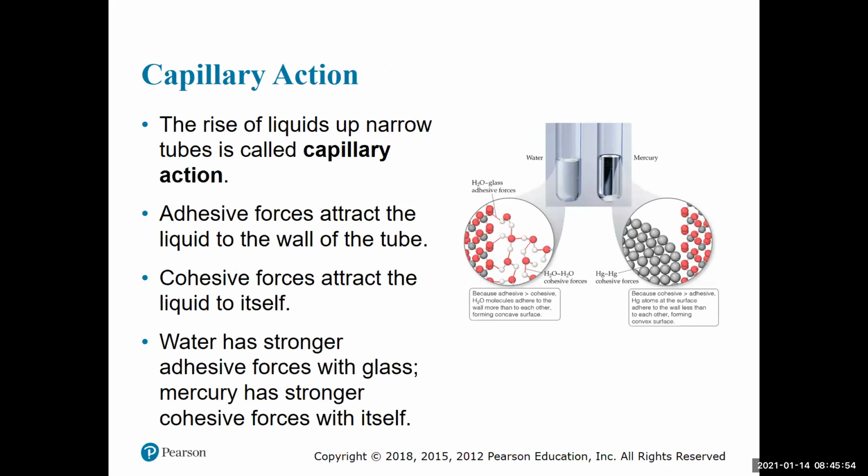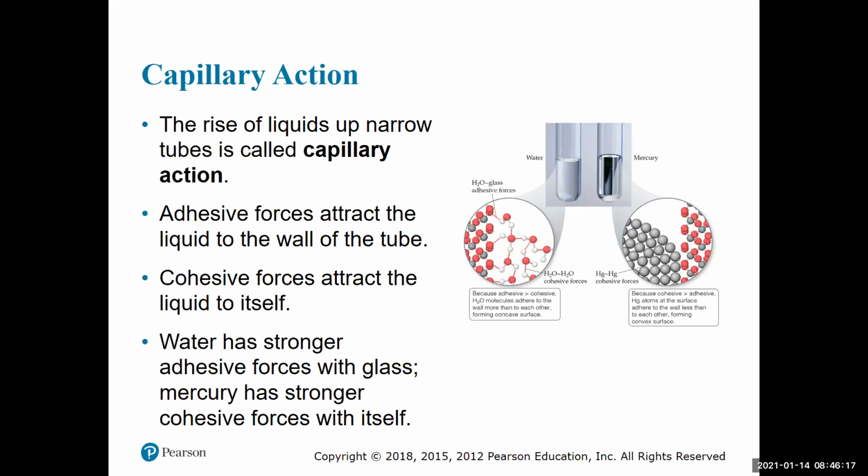And there's two forces at work here. Adhesive forces attract the liquid to the wall of the tube, and cohesive forces attract it to the liquid itself. Two things that you can look at. So on the left here in the figure, we see some water, and on the right, we see mercury.